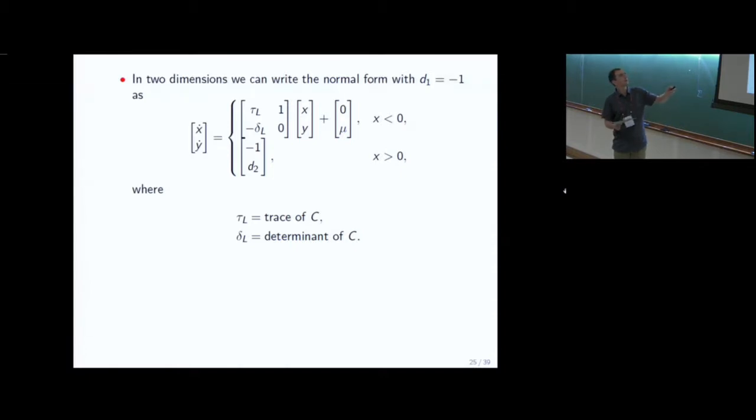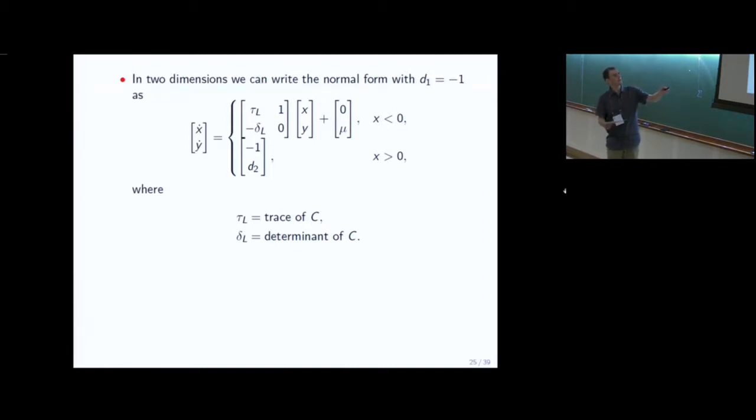But here I'm going to call them tau L and minus delta L. Tau L is just the trace of this matrix, sorry, the matrix C because it's in normal form. That was my notation yesterday. And delta L is the determinant of C. These are convenient names for our parameters because they have some nice, straightforward meanings.